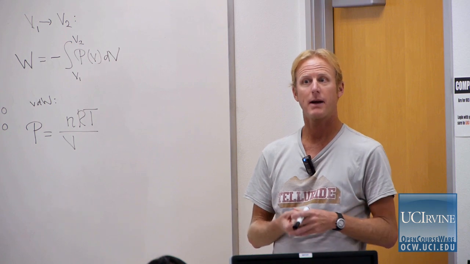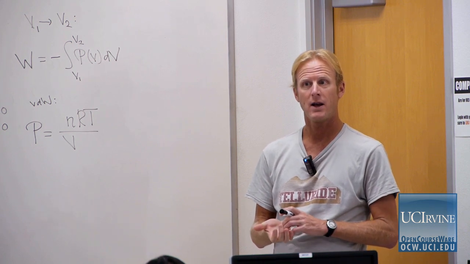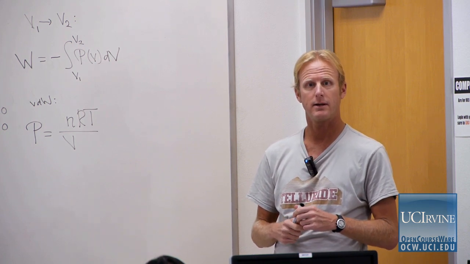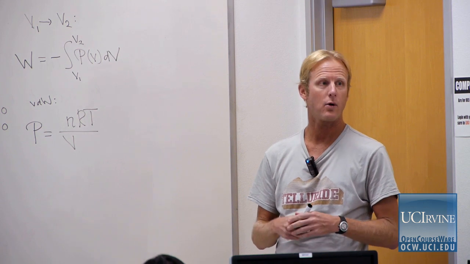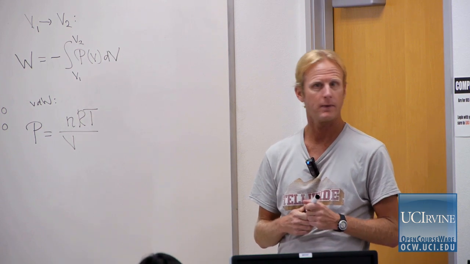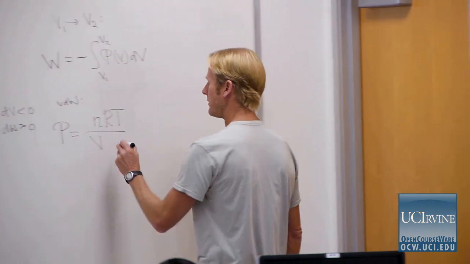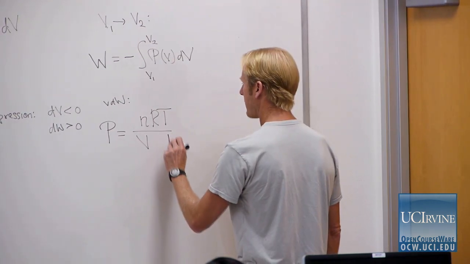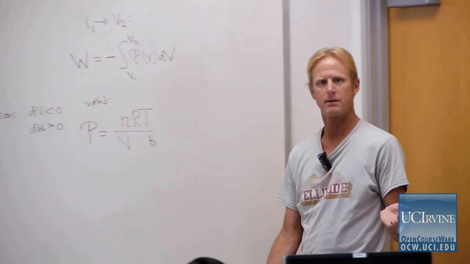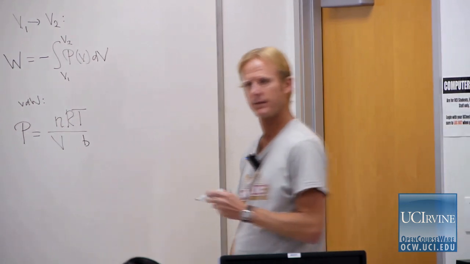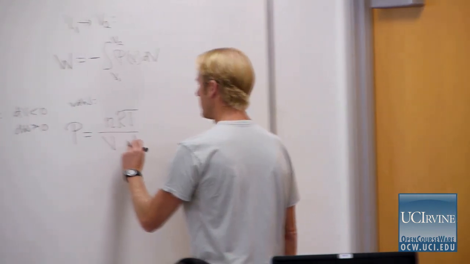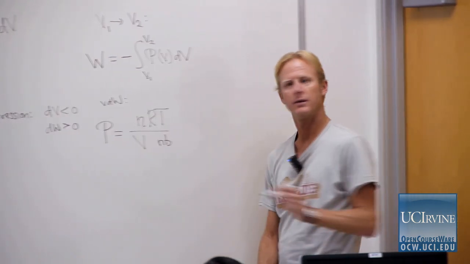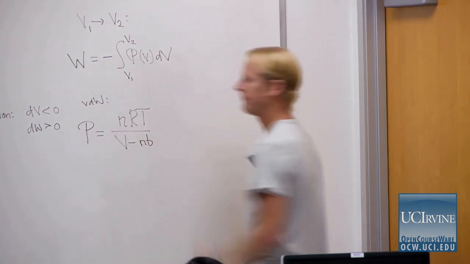Some of it's occupied by other gas molecules. So I have to reduce the available volume to account for the molecular volume. The way that's done is you take a parameter B, which is meant to be the molar volume of the gas molecules, multiply that by the number of moles, and subtract it from the volume.